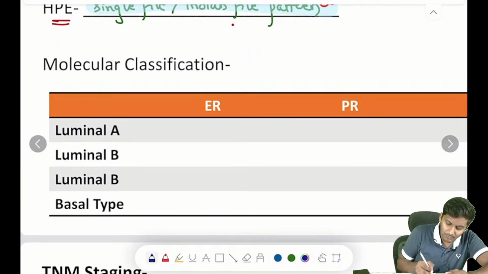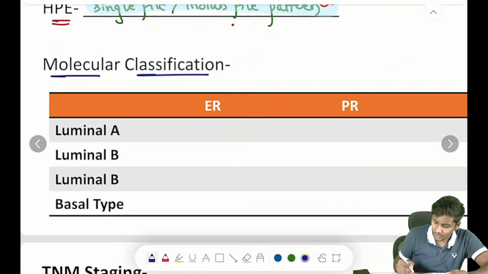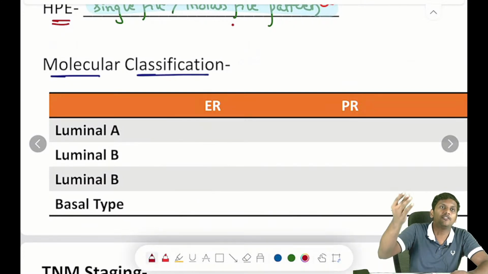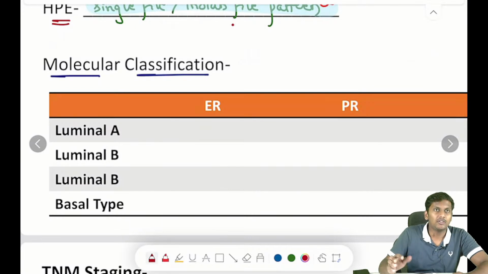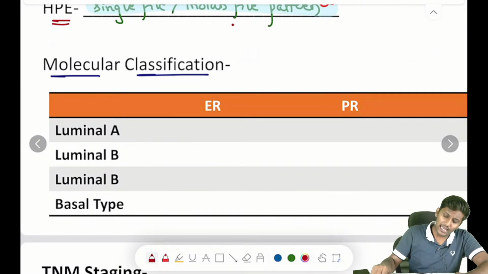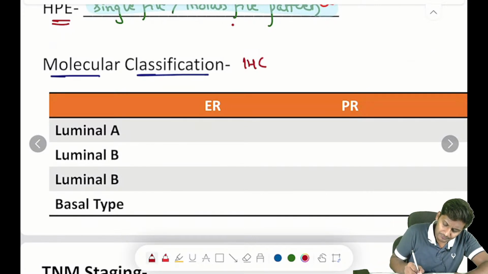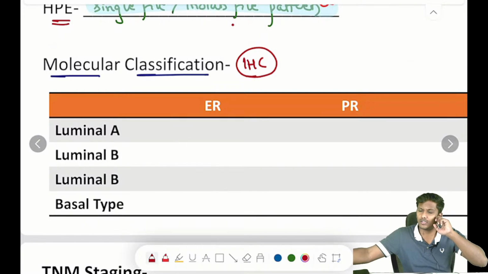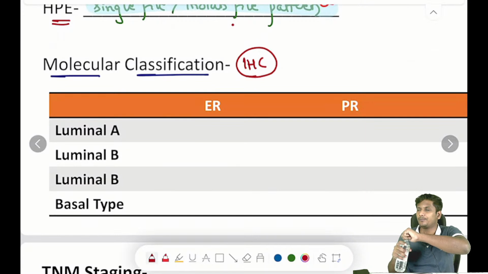So let's see about the molecular classification. If I talk about the molecular classification, first of all, for example, if we have done the biopsy and a histopathological examination, then they do immunohistochemistry, IHC, and on that immunohistochemistry they are going to identify the receptors which are present on the surface of these cancerous cells. ठीक है.